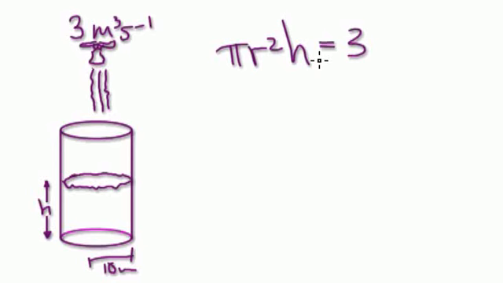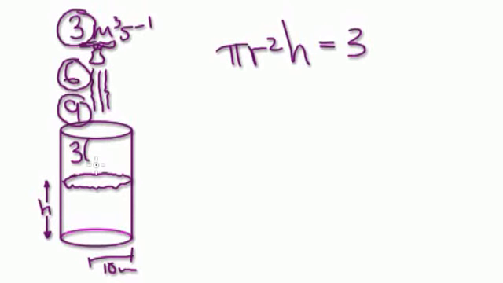Now, think about this. After 1 second, the amount of water will be 3. After 2 seconds, the amount of water that comes out will be 6. After 3 seconds, it will be 9. After 4 seconds, it will be 3t as t increases. So we can say that the amount of water that comes out is 3t.